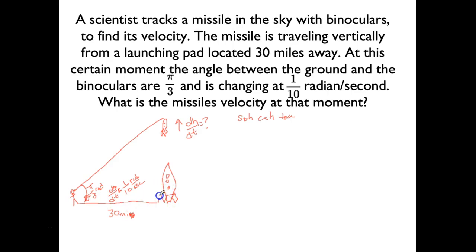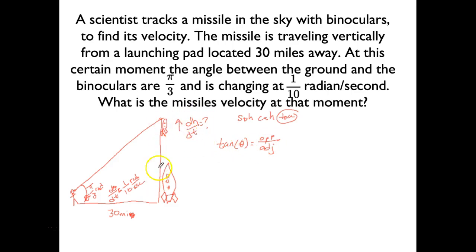But I am looking for the change in height, right? So I'm dealing with the opposite side, okay? So I'm going to deal with adjacent and opposite, which is going to be my tangent. So I'm going to have tangent theta is equal to opposite over adjacent. Okay, and I'm going to leave them in 3 letters here because I don't want to put an O for this or get it confused with H's and stuff.